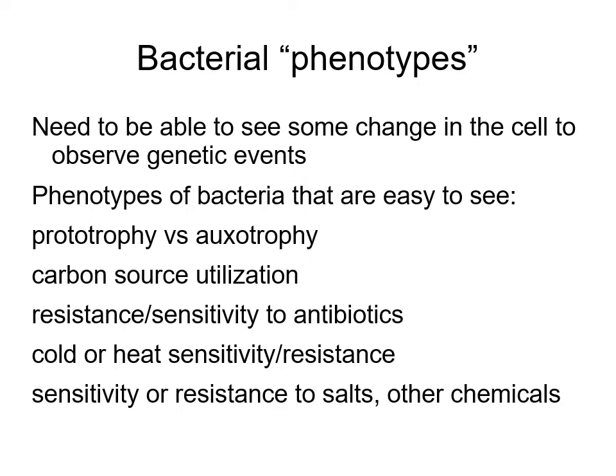And the ones that we're going to be using for our purposes are prototrophy versus auxotrophy, carbon source utilization, resistance and sensitivity to antibiotics, and sometimes resistance to things like cold, heat, and other chemicals such as salts. So they're not phenotypes in the visible sense, but they are things that we can observe by growing the cells in particular types of media or under particular conditions.